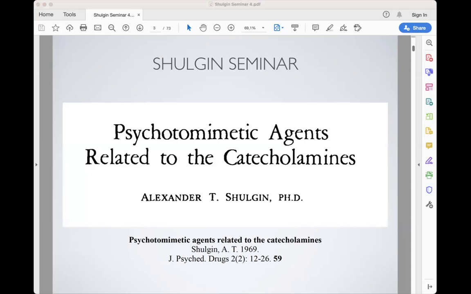So let's start. The first paper, where there are 2 papers from '69. We could start with either the one that is most straightforward, which is the psychotomimetic agents related to catecholamines, or the other one, structure-activity relationship of one-ring psychotomimetics, which is kind of dense, I would say.